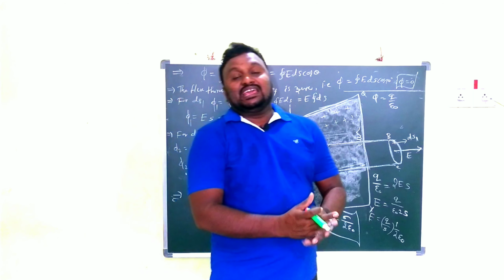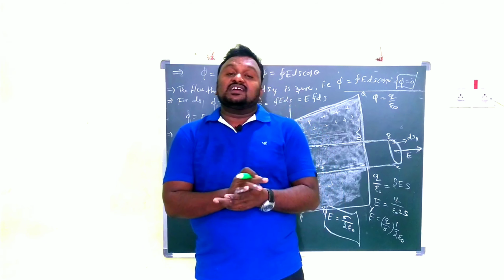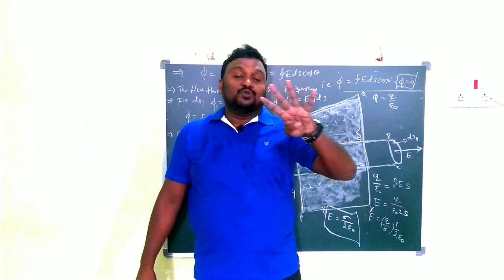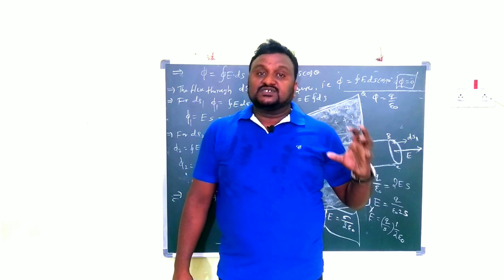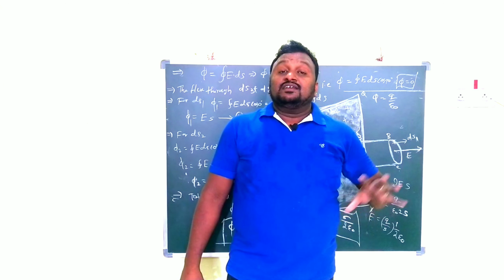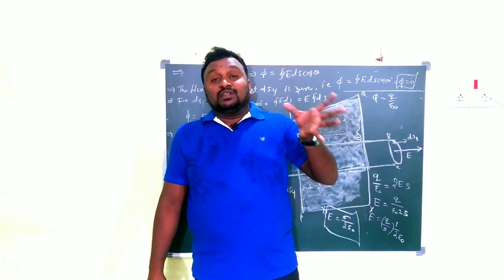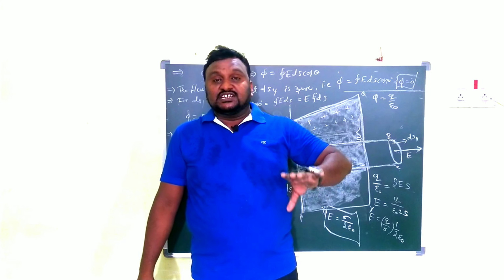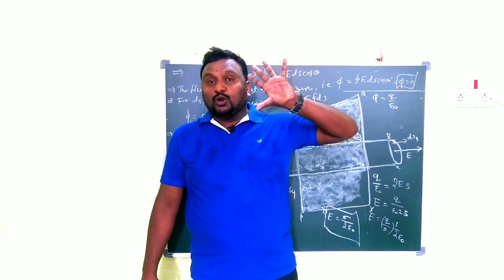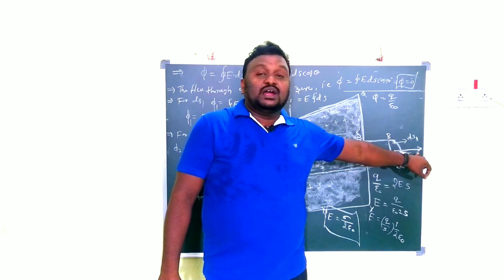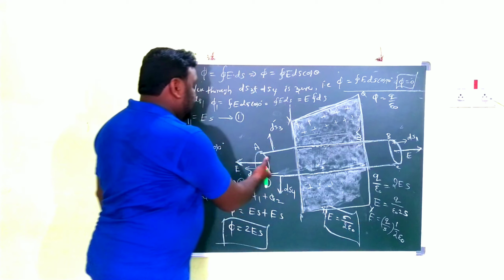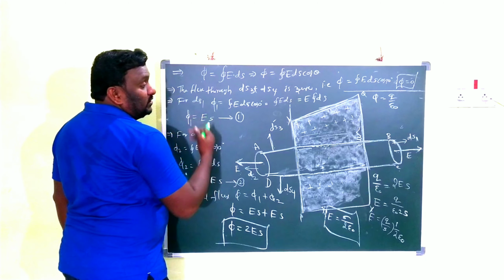So the cylindrical Gaussian surface is taken as 4 parts: DS1, DS2, DS3, DS4. In this case, we take the plane sheet as uniformly charged, with positive charge. That's why the electric field is radially outward along the x-axis. I am showing radially outward here, and here also radially outward.